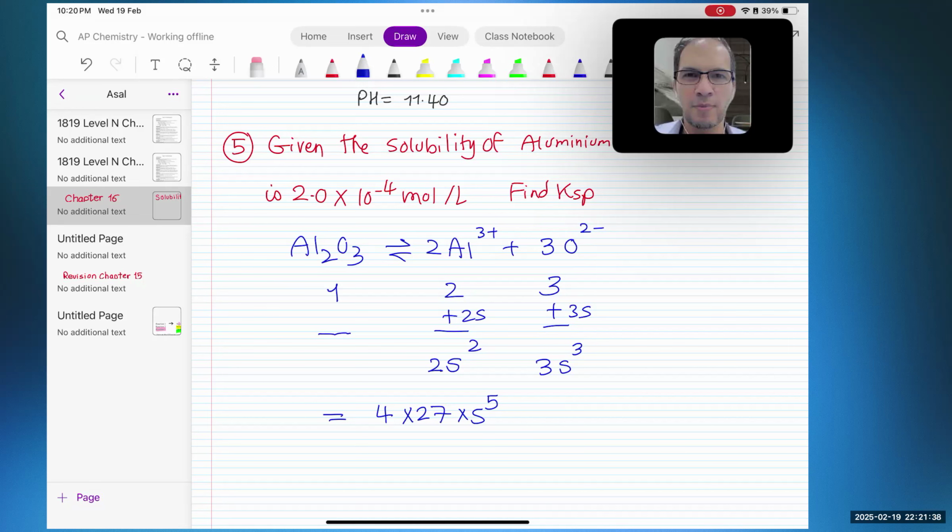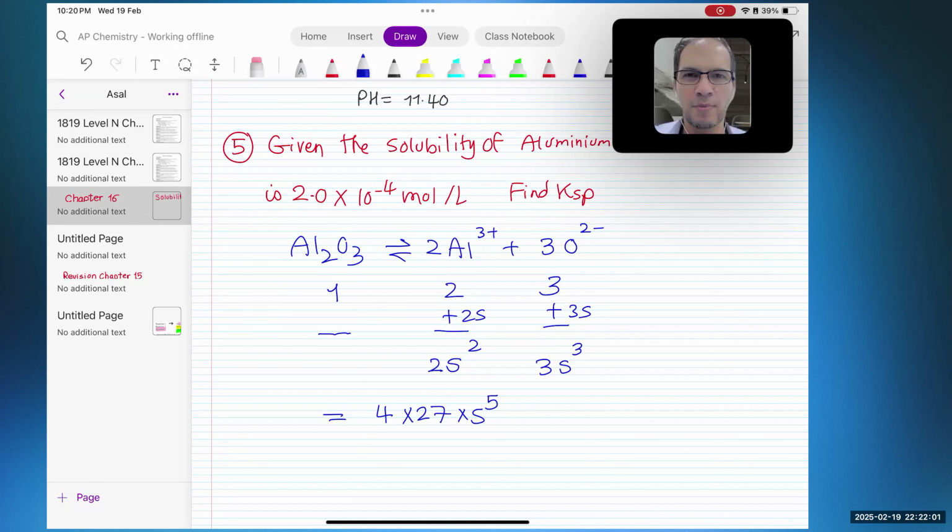So let's say s to the power of 5, so 2 multiplied by 10 to the power of negative 4. Then I will multiply this by 27 and multiply this by 4.